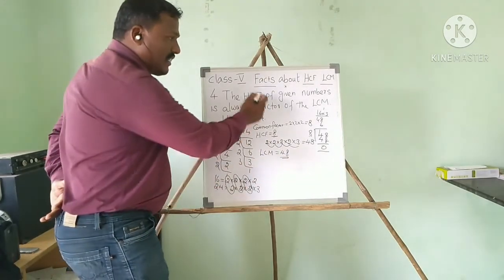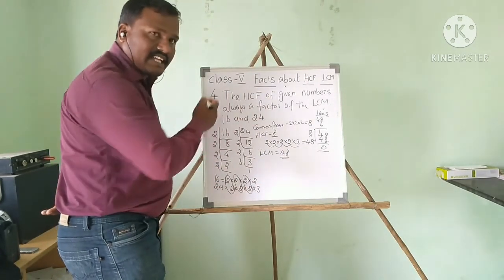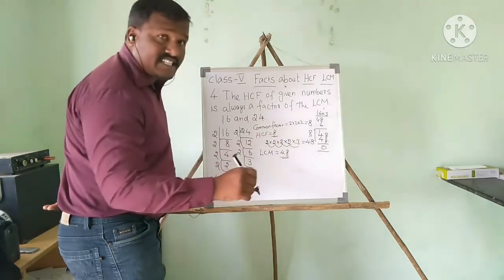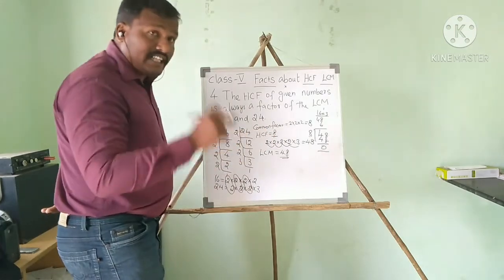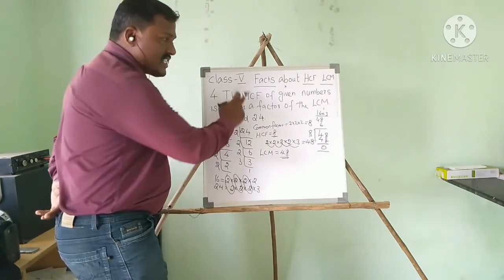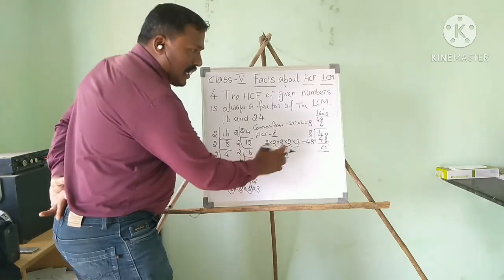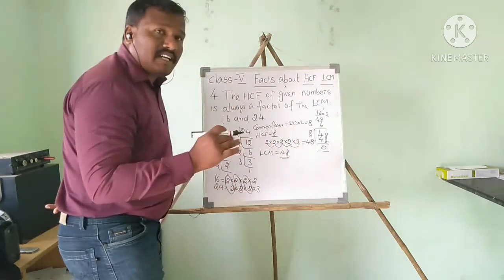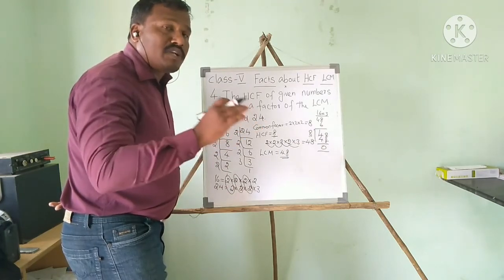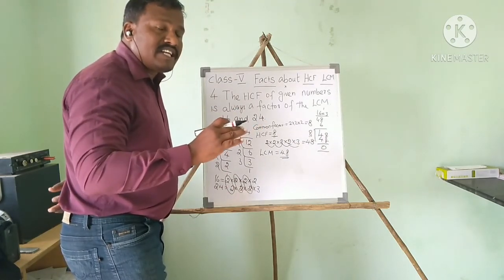So this fact says it like this. Understand now? 48 is the LCM, 8 is the HCF. The HCF is a factor of the LCM. This says this fact, so I proved it. What is a factor? A factor means a number which divides without remainder.